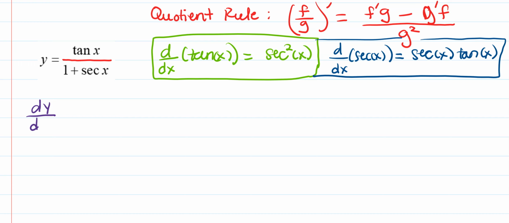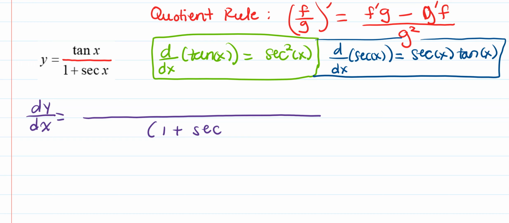Derivative of y with respect to x is, we would say, all over 1 plus secant of x squared. And on the numerator, we have the derivative of tangent, which is secant square of x multiplied by 1 plus secant of x, minus the derivative of 1 plus secant.